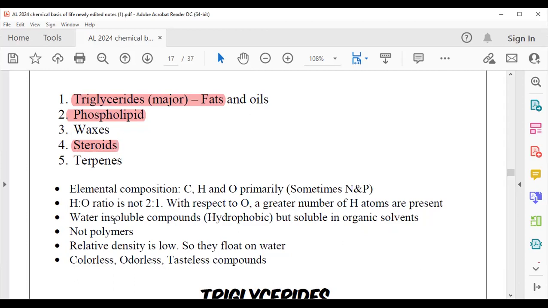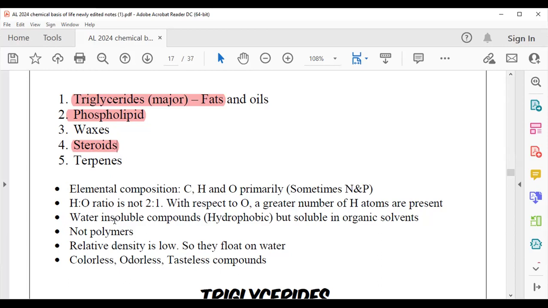Phospholipid means surely it should have phosphorus, right? That's why it is called phospholipid. Am I right? Yes, sir. In addition to phosphorus, nitrogen also can be there.